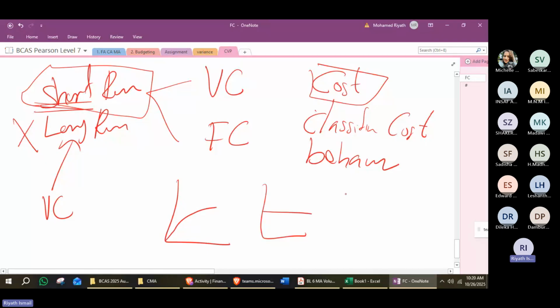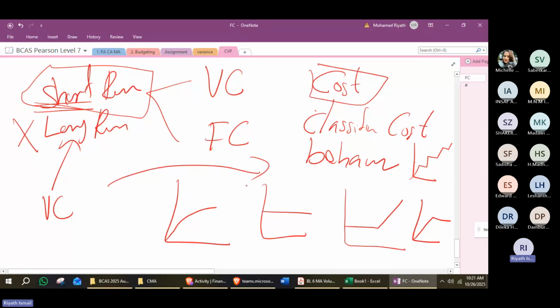Another one is semi-variable cost, like this, or like this, or sometimes like this. Remember? So when we talk about the short-term decision, we classify cost behavior.